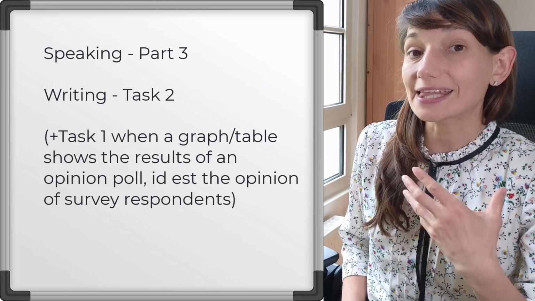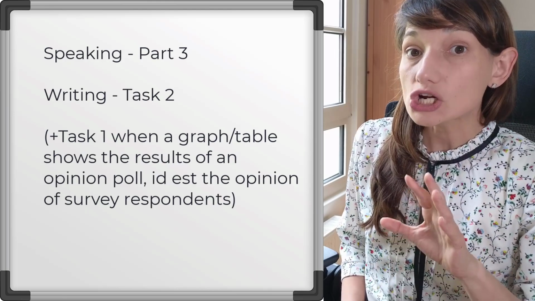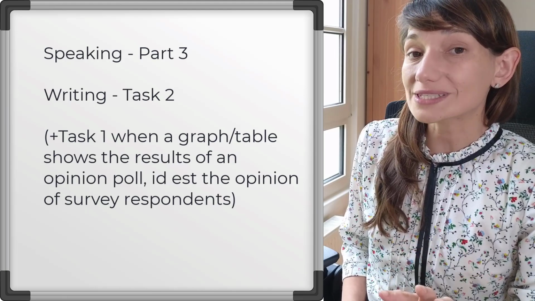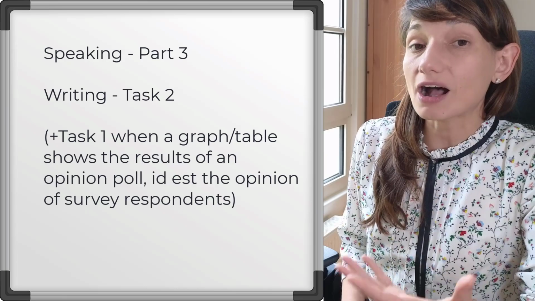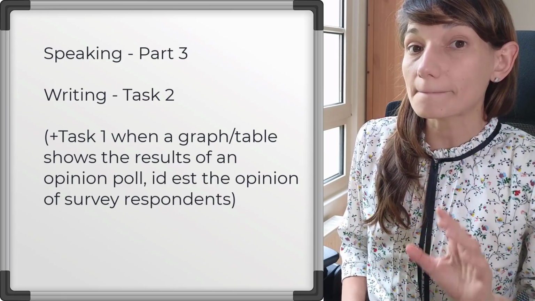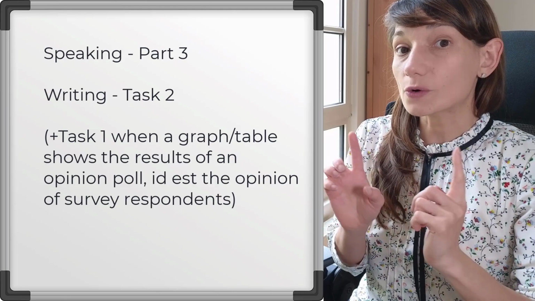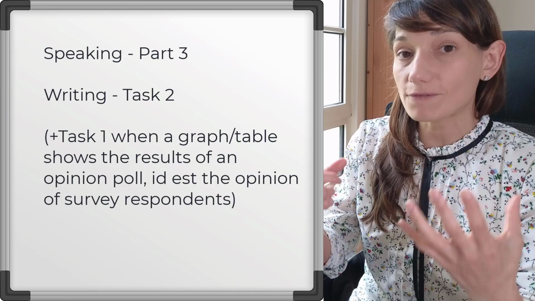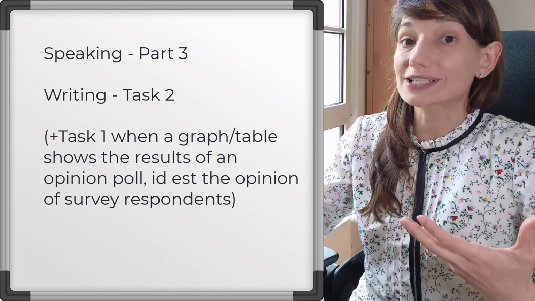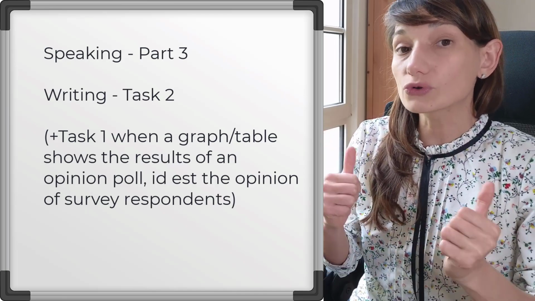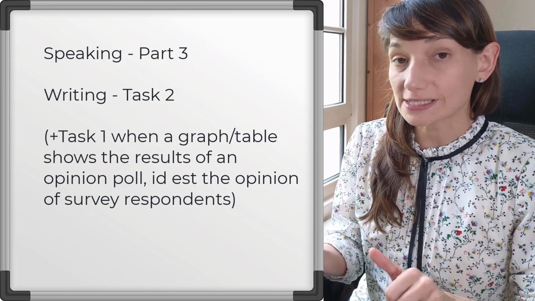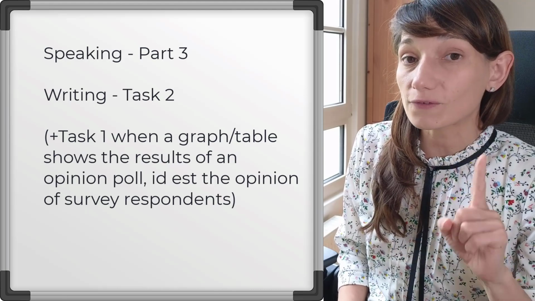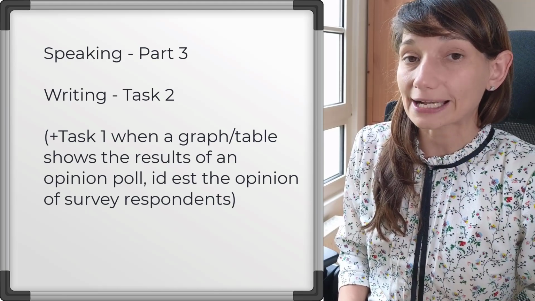However, sometimes the data shows the results of an opinion poll or a survey. In other words, it shows the opinion of survey respondents. And then, of course, you do need to use the verbs, nouns, and expressions to express an opinion of those survey respondents. Therefore, these expressions are also useful even for the first task of the writing section.